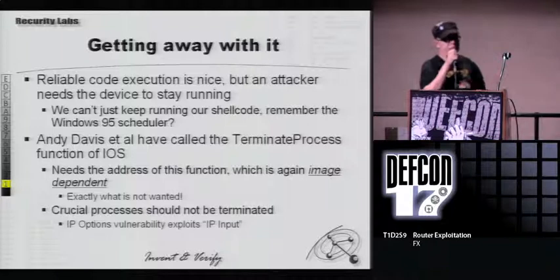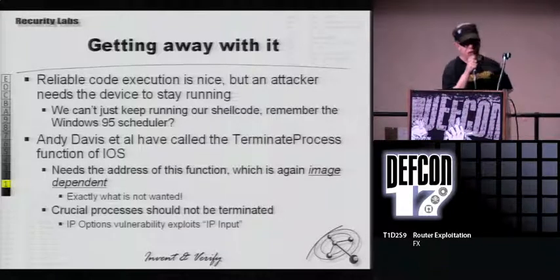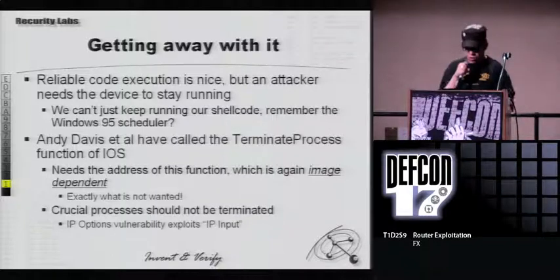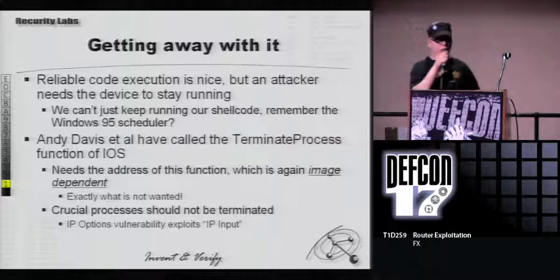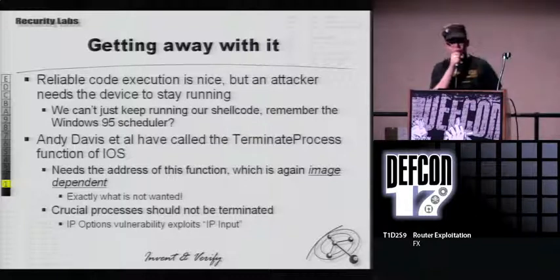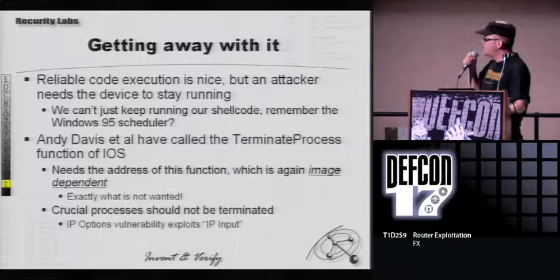The problem with that method is twofold. One, you again need to know where it is, so it's image dependent. Not good. The second is, with the ICMP bug, for example, I'm exploiting a process called IP input. Now imagine what happens if I turn that off. The device only does IP output. Not very useful. So this is not usable.